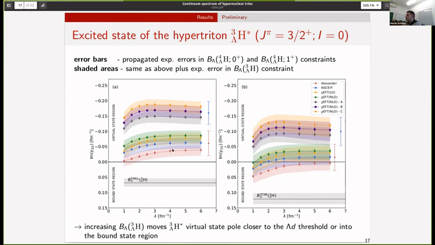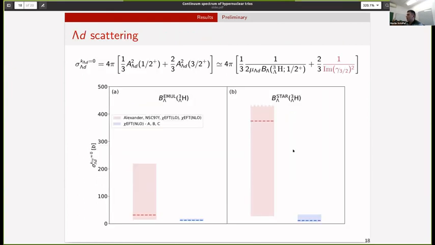So what we can do is take this interval, which is predicted by these different calculations using lambda n scattering lengths and using the emulsion and star ground state Hypertriton energy. And we can conclude what would happen for lambda deuteron scattering.